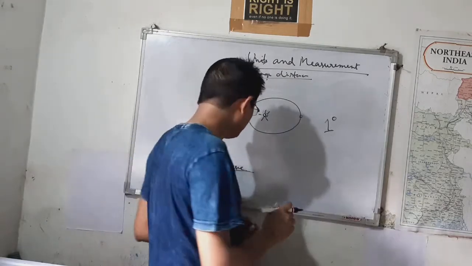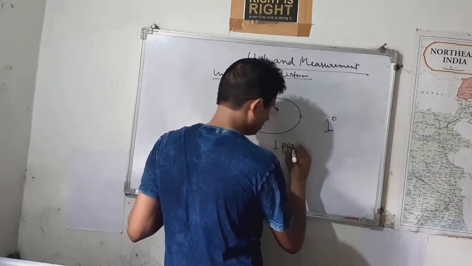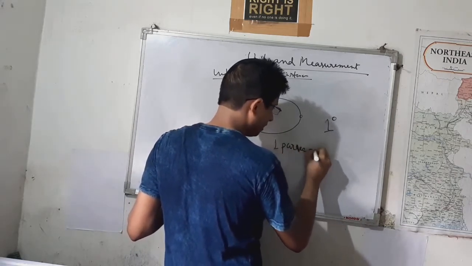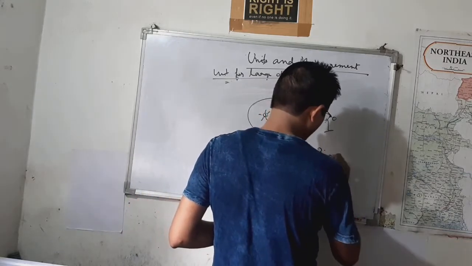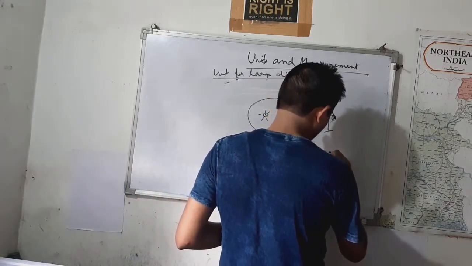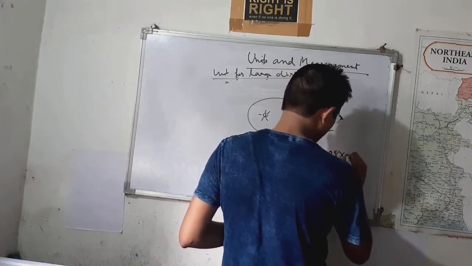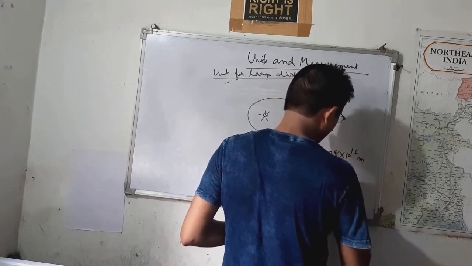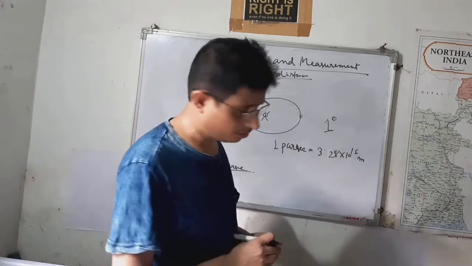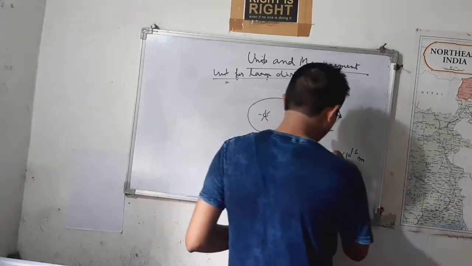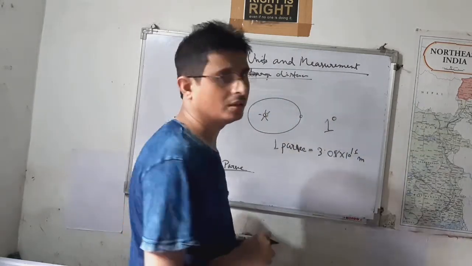So 1 parsec is equal to 3.08 into 10 to the power 16 meter.